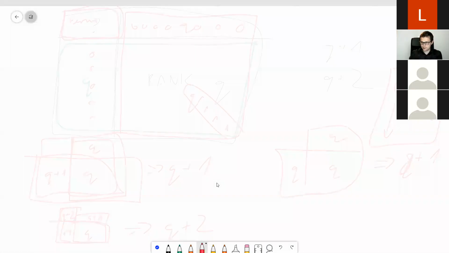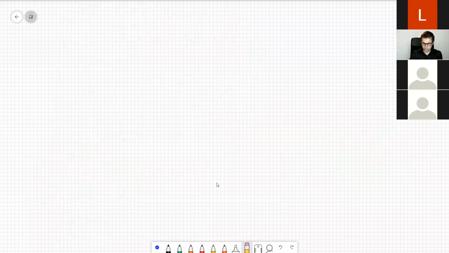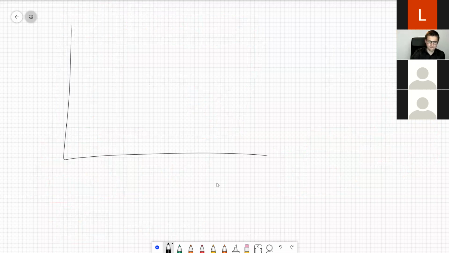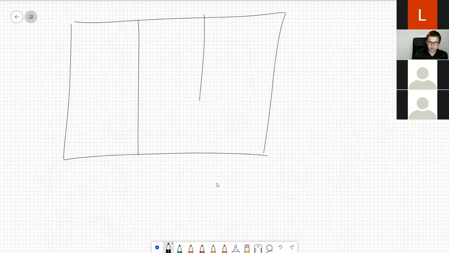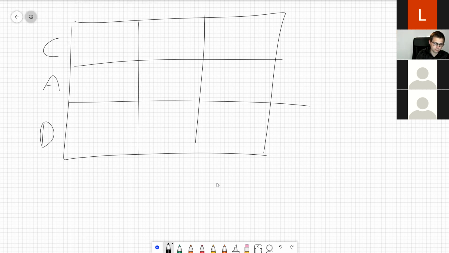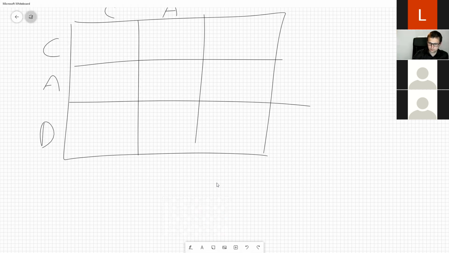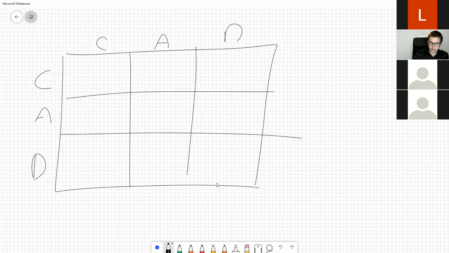So let's draw something. So this is our matrix, and we have those D rows, D columns, A rows, A columns, and C rows, C columns.